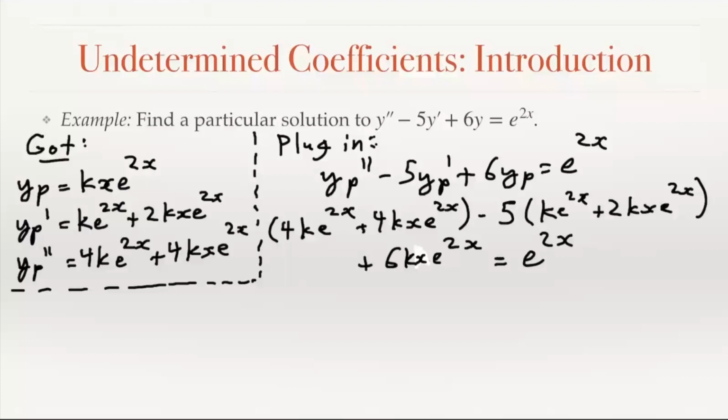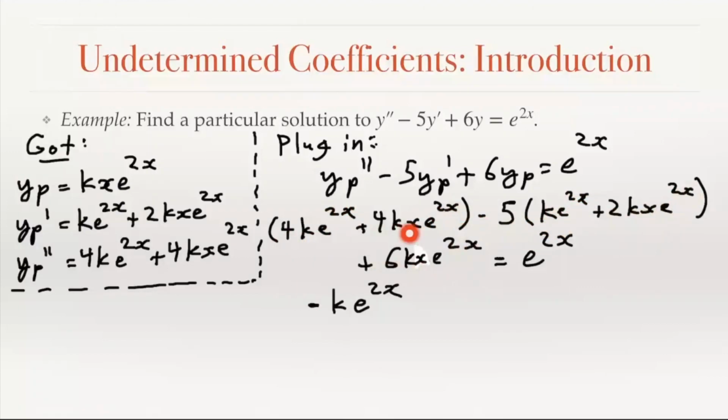Now we'll gather together all like terms, the like terms meaning all e to the 2x pieces, and all x e to the 2x pieces separately. So first, all plain e to the 2x pieces, that's 4k e to the 2x minus 5k e to the 2x, which is simply negative k e to the 2x.